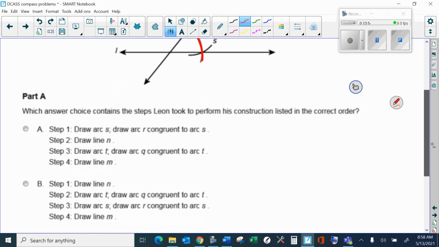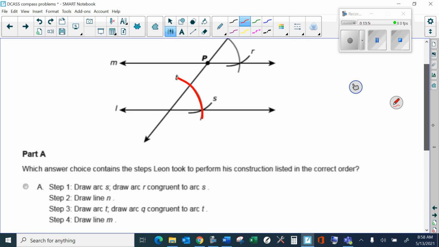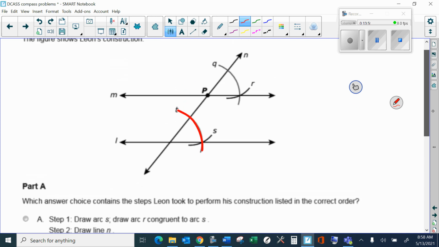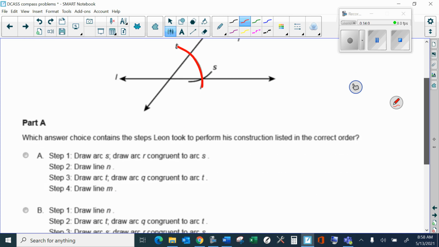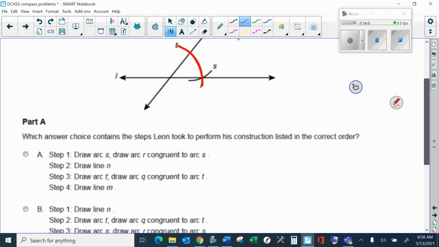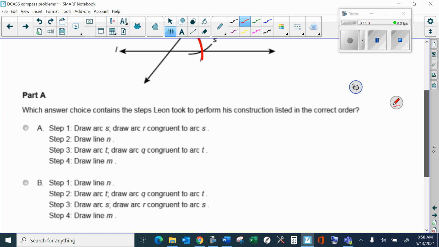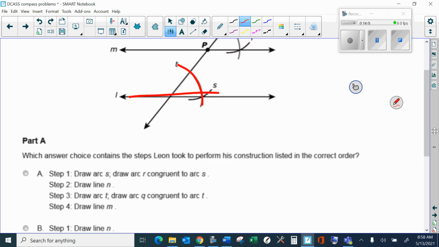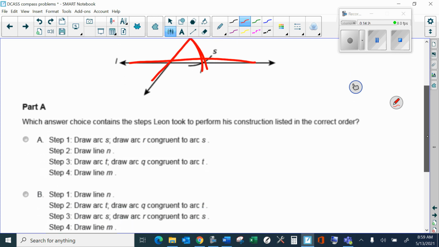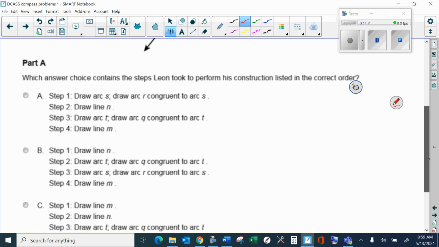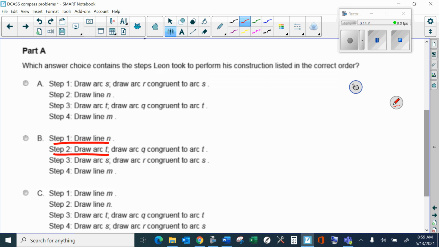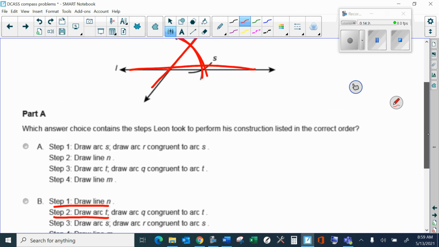Draw a line N. So you started with this. Draw a line N, that's the second step. Draw arc T. Yes. Draw arc Q.